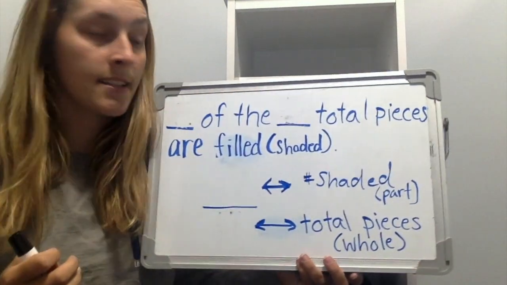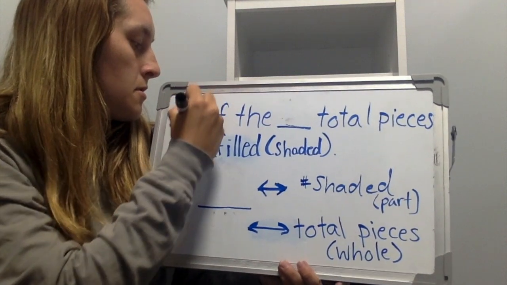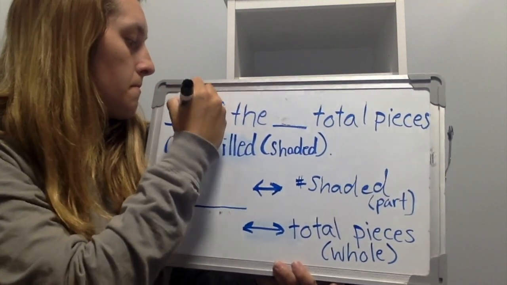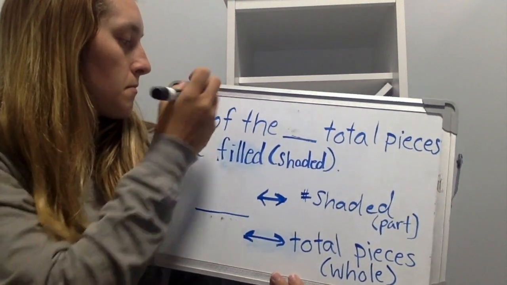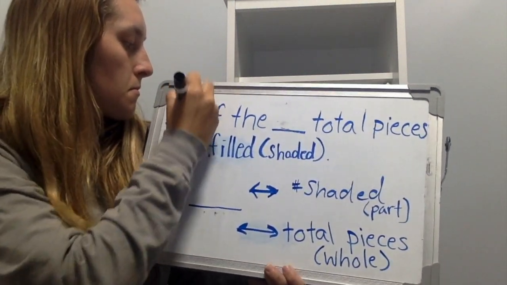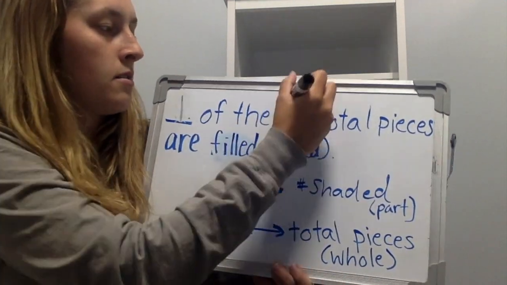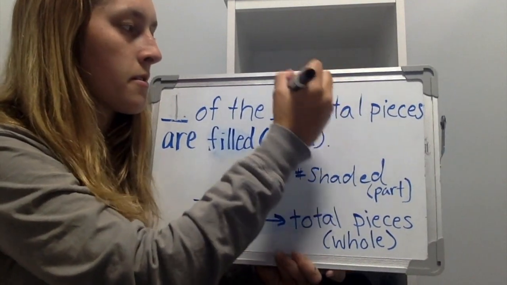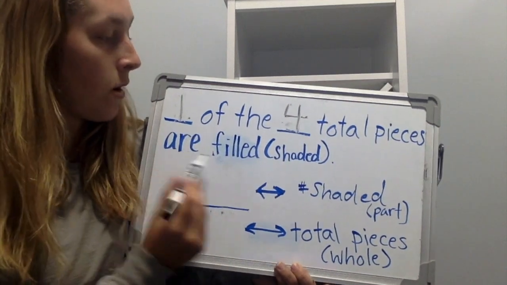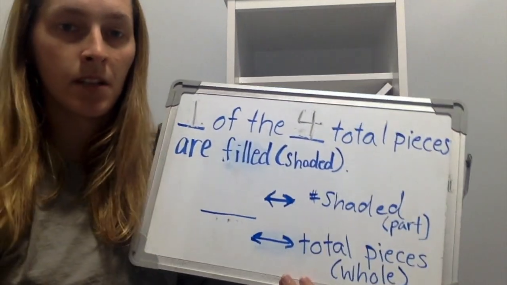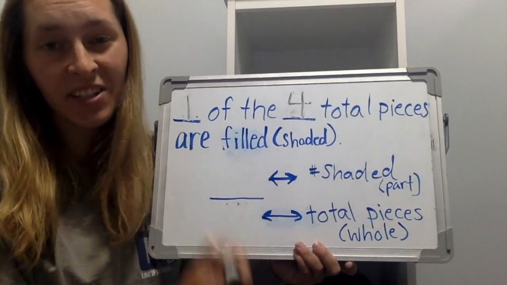Here it is. We know that there is only 1 of the 4 total pieces filled or shaded. So now we've got to finish our fraction down here.